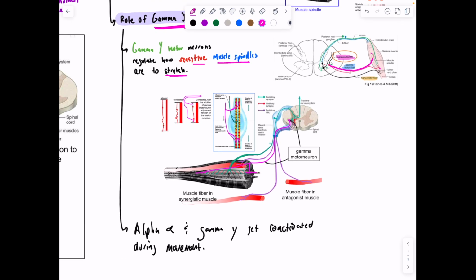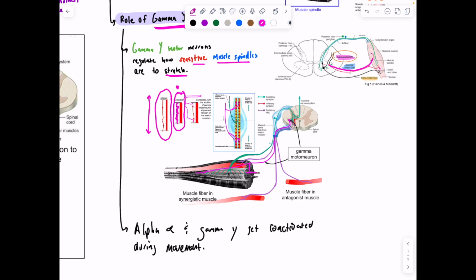Okay, so if this is our muscle spindle in a relaxed state, this is the muscle spindle in a contracted state. Notice how it's now no longer under tension, right? And muscle spindles are supposed to figure out if you are being stretched, right? So if the muscle itself has contracted, then the muscle spindle is now no longer under tension.